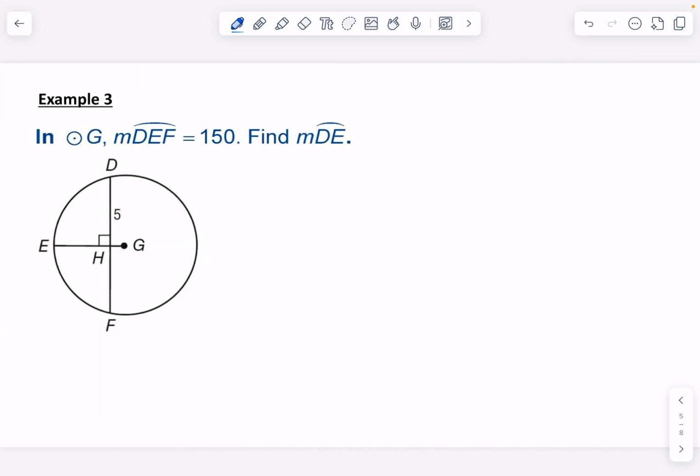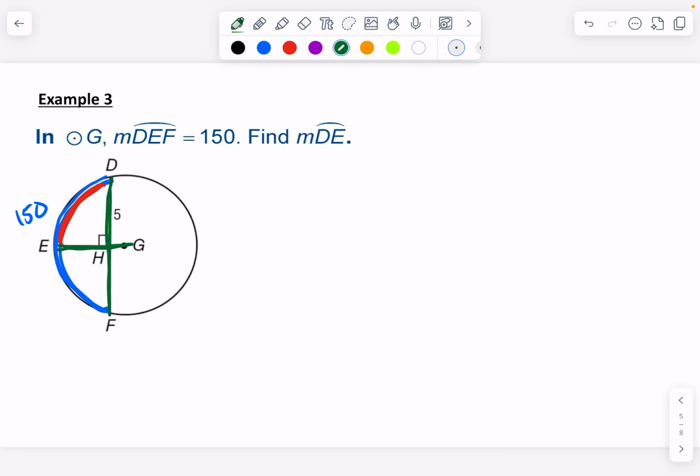Next example. So here now I have a chord. They tell me the whole arc, DEF, is equal to 150. I need to find the measure of this arc. So what I have here is a radius. Notice that radius is perpendicular to the chord. That means it bisects the chord. We're not looking for it, but HF is 5.